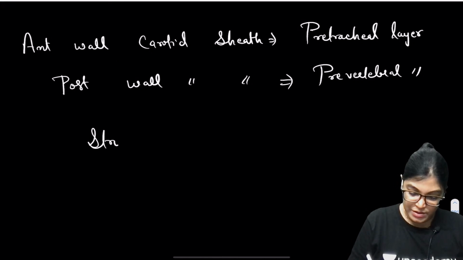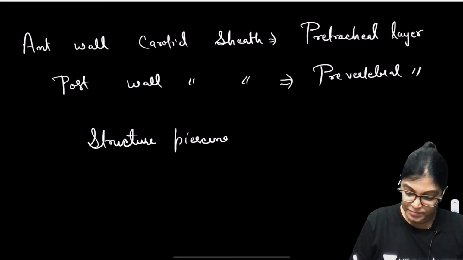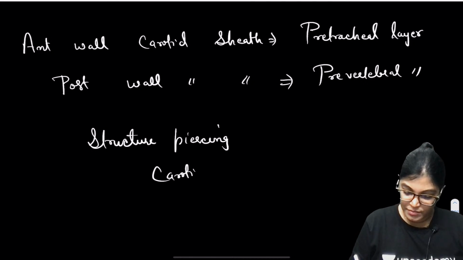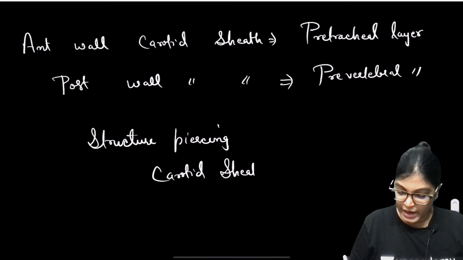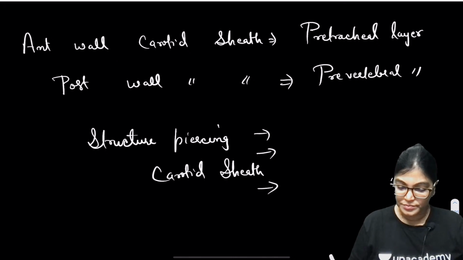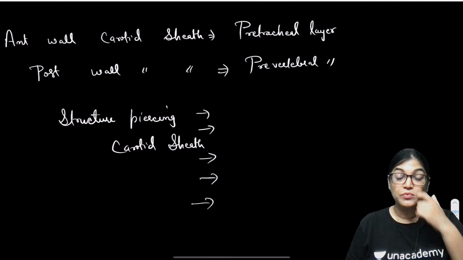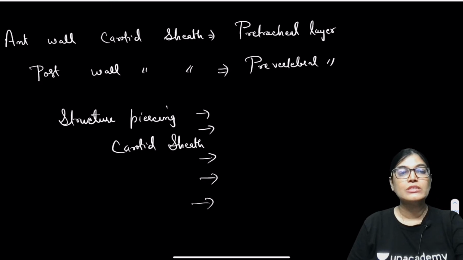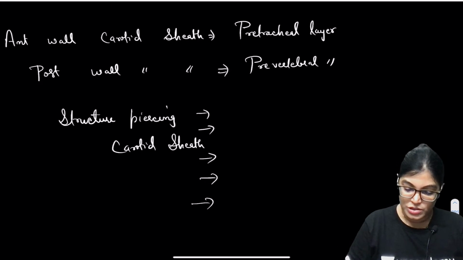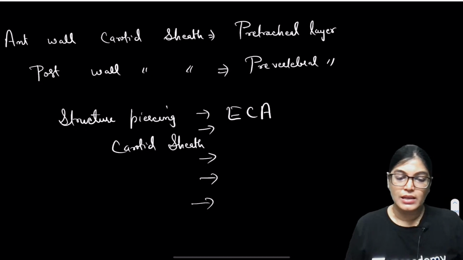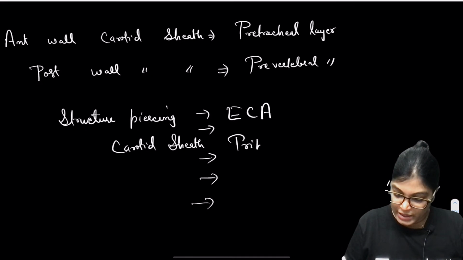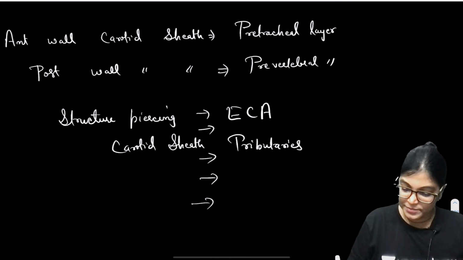Structures piercing. Now you should also know the structures piercing the carotid sheath. We have got a few more structures piercing the carotid sheath, and it is important for you to know them: the ECA, external carotid artery, and tributaries of the internal jugular vein.